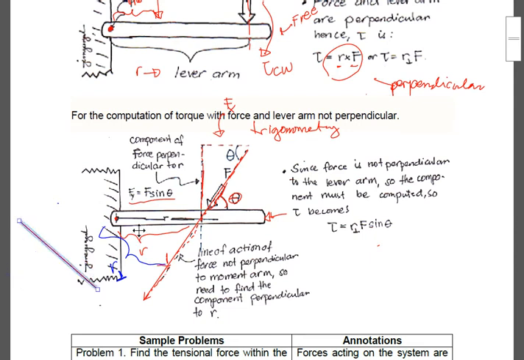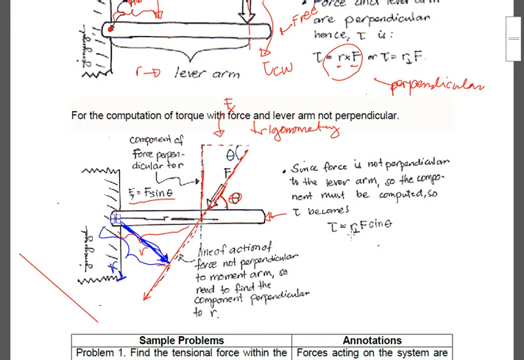So I have here my new R, this part here, but still it's the same.